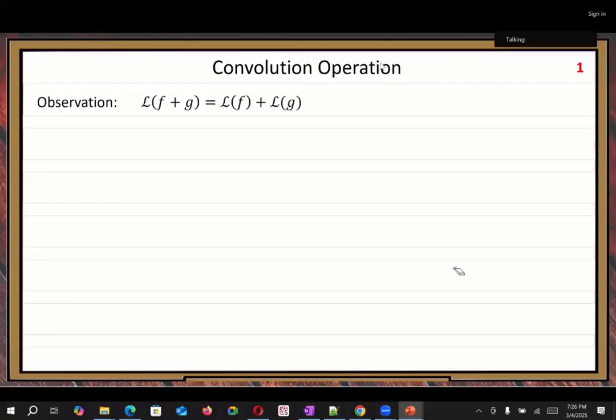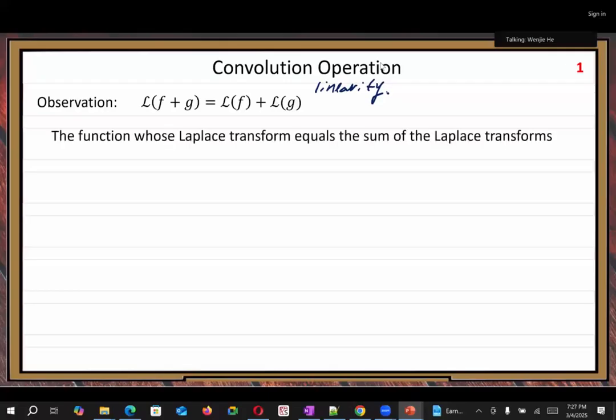By linearity, this is the linearity principle of the Laplace transform. Linearity property, obvious, right? And the function whose Laplace transform equals the sum of the Laplace transforms.